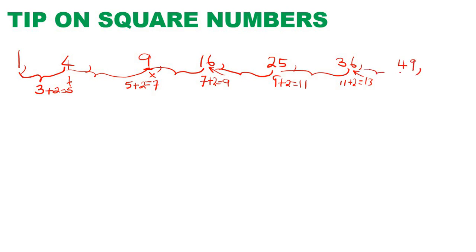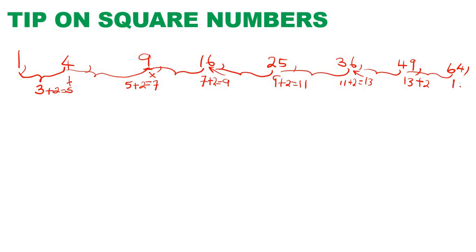The difference between these two is 13 plus 2, you have 15. Add it to this and you will get what? 64. Are we together?